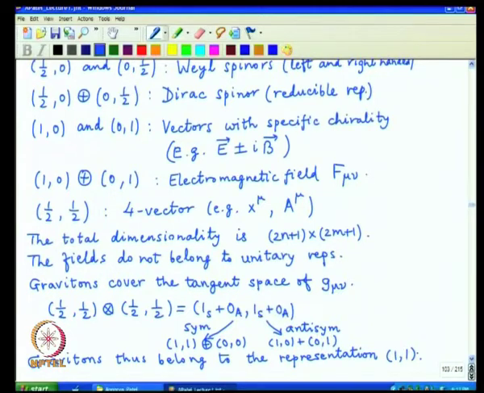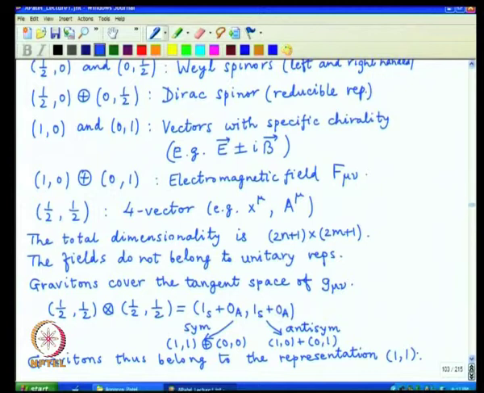We really do not need gravitons to discuss the usual standard model, but the Lorentz group is capable enough to describe gravity as useful degrees of freedom. So, this is all one can say about working out the complete Lie algebra and solving it to get all representations of the Lorentz group.